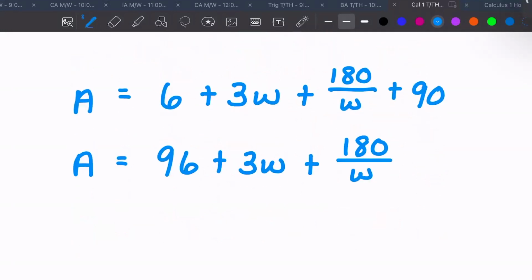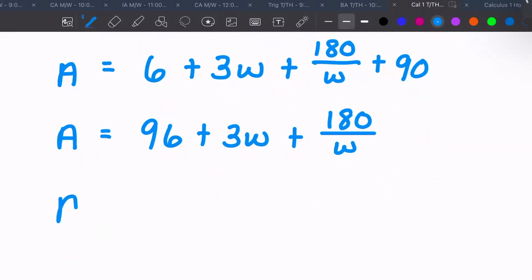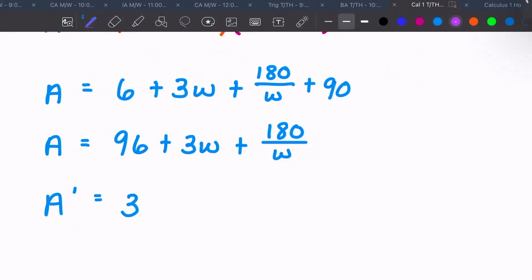All right. Now we're going to optimize it. So we're going to take the derivative, set the derivative equal to 0. So derivative of 96 is 0. So we have 3. We need to take the derivative of 180 over W so we can move that W up and make its exponent negative. Right? Okay.